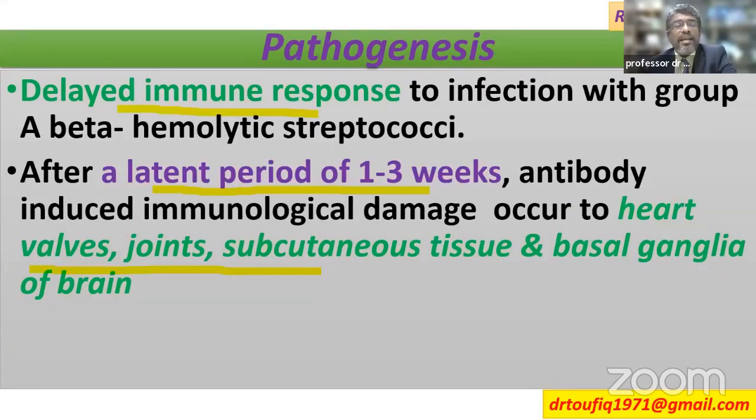It is a delayed immune reaction due to beta hemolytic Streptococcus. This immune reaction usually occurs 1 to 3 weeks after the sore throat infection by the hemolytic Streptococcus.